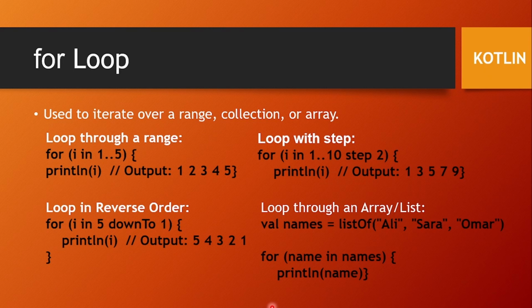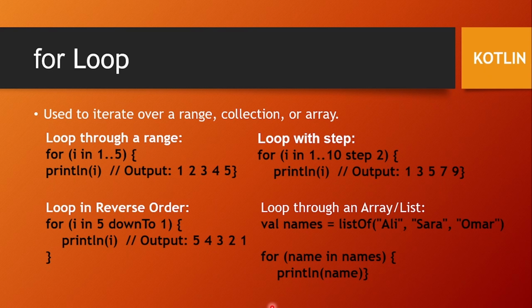The for loop is basically used for iteration over a range, collections or arrays. When we have a range of numbers from 1 to 10 or a range of alphabet from A to Z, we have the for loop for traversing or iterating through that range.